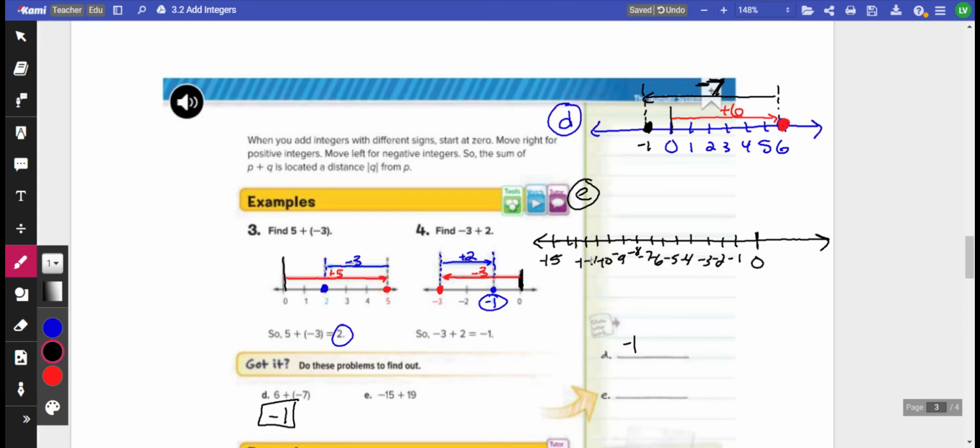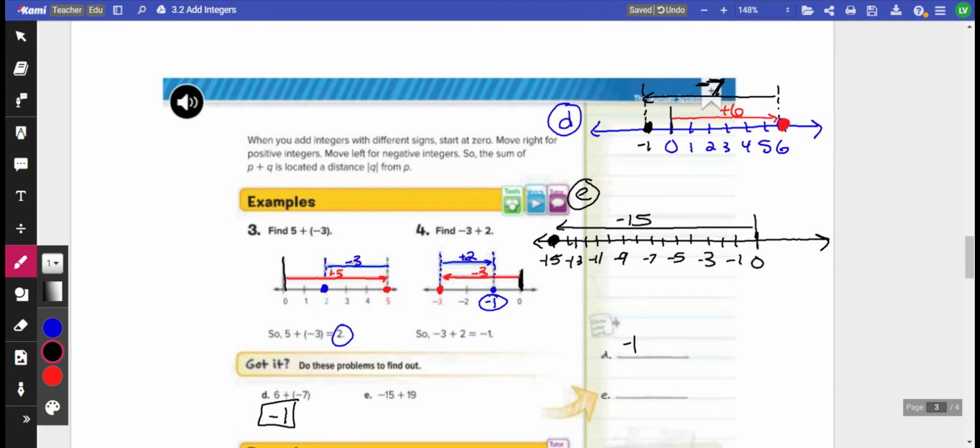Now, as you could see, my numbers are getting super squished. So I'm actually going to go back. I'm going to erase this, and I'm going to label every other number. Meaning negative 1, negative 3, negative 5. So each of these are still worth 1. It's just that now my number line isn't as congested. So that's a way to try to keep yourself more organized. So start at 0. I'm going to the left 15 because this is negative 15. So I plot my point right there.